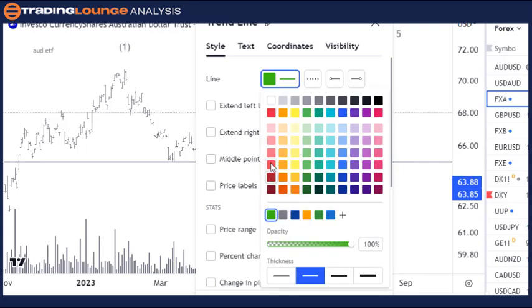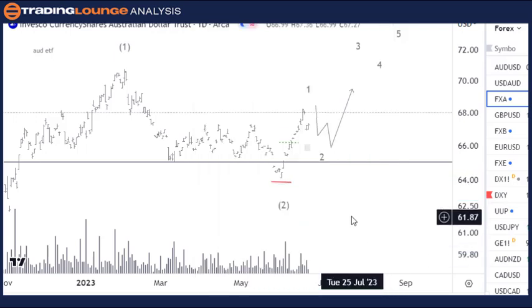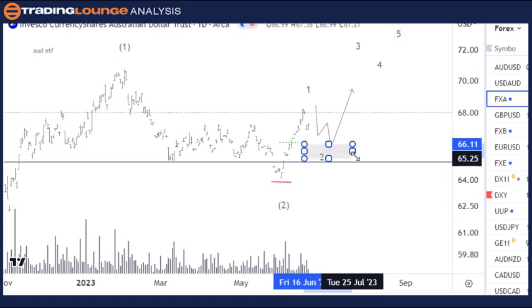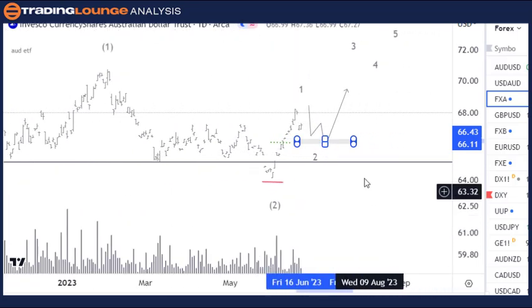Make that red. And we want to be buying back here, 65 is the medium level here, so 66.50 would be a nice place to buy.